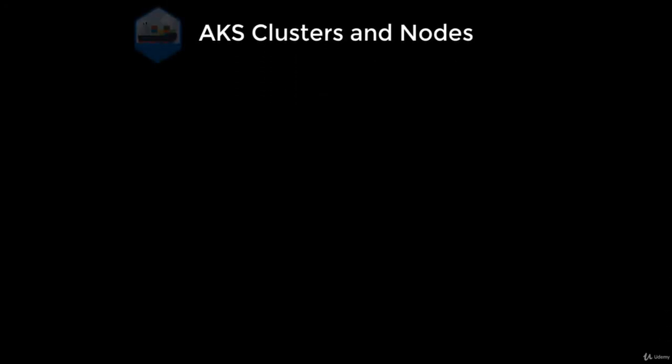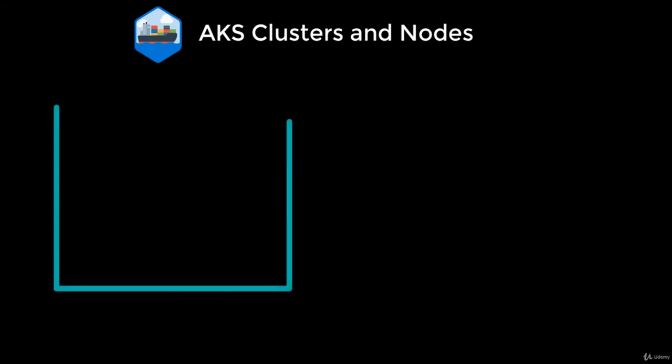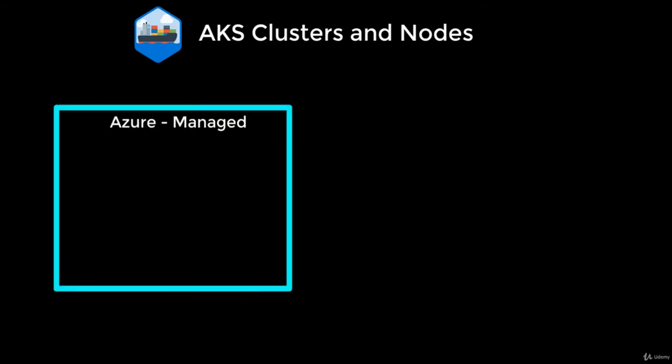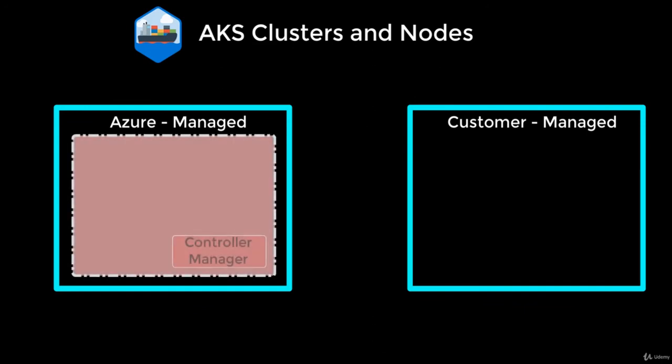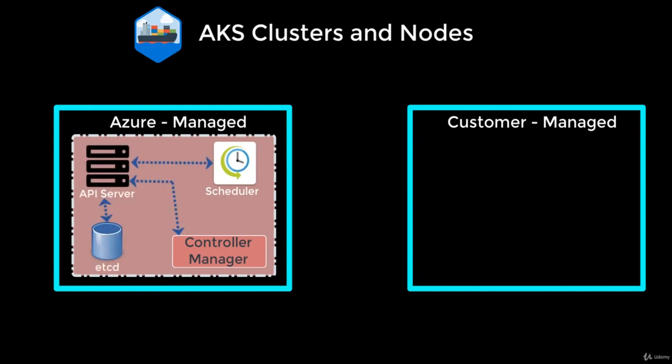A Kubernetes cluster is divided into two components. One of them is Azure managed and the second one is customer managed. The Azure managed nodes are also called a master node or a cluster master node. When you create an AKS cluster, a cluster master is automatically created and configured.